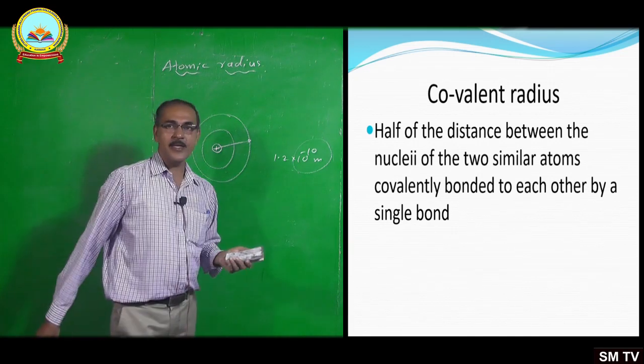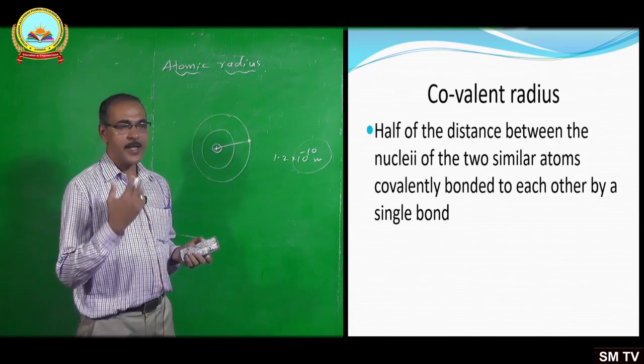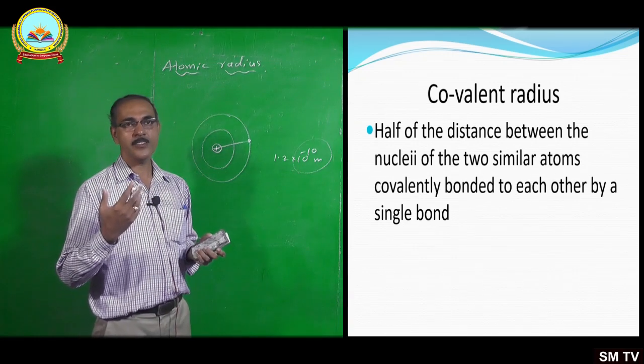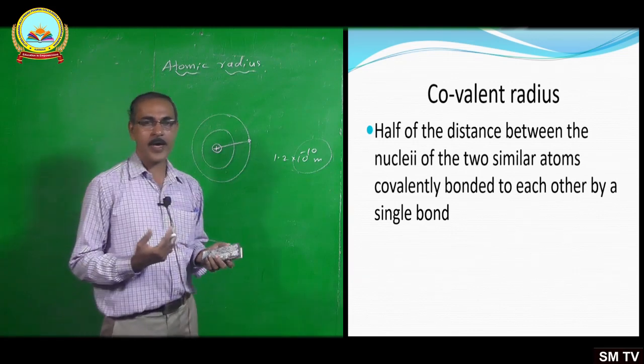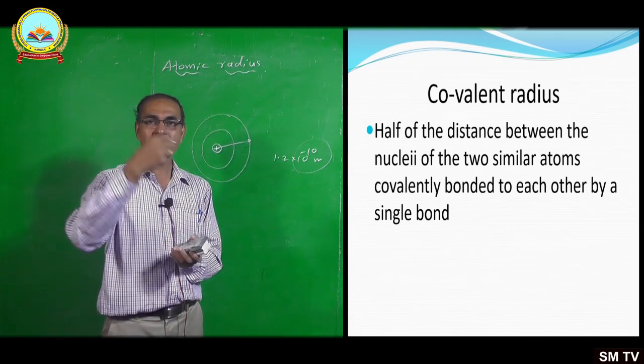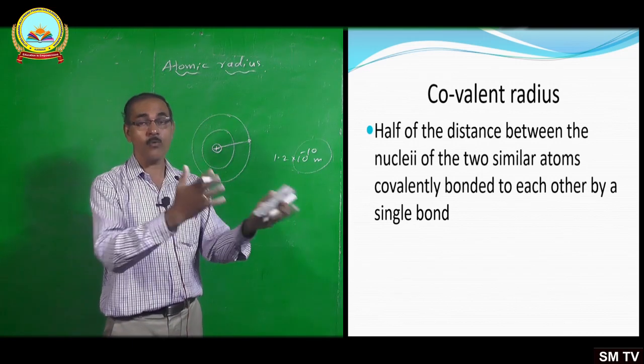The other reason is, we said that the electron has a wave character. We call it the electron density or electron cloud.